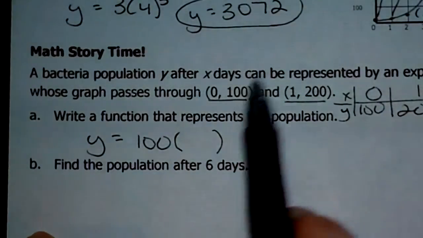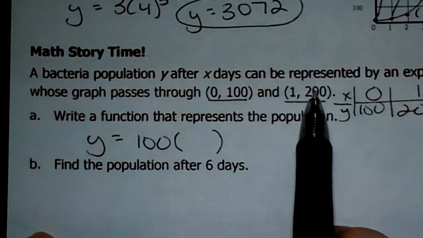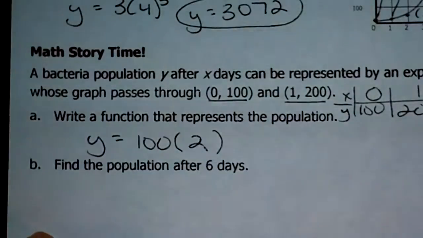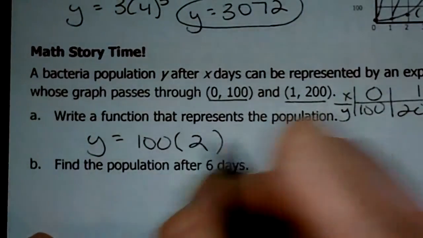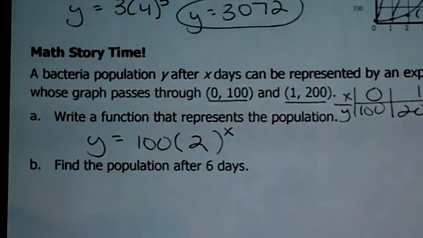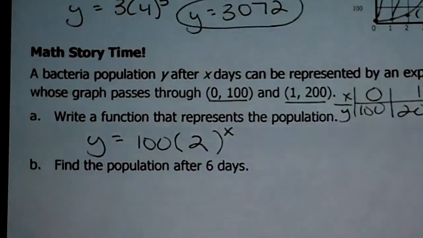Well, 100 times what is 200? You guessed it, 2. So I'm going to put my 2 there. And if you didn't know, take 200 divided by 100 and you get 2. And since I'm just writing the rule, I'm going to put an x in there to represent the number of days. So there it is, initial value, multiplier. Those are the only 2 things you have to figure out.